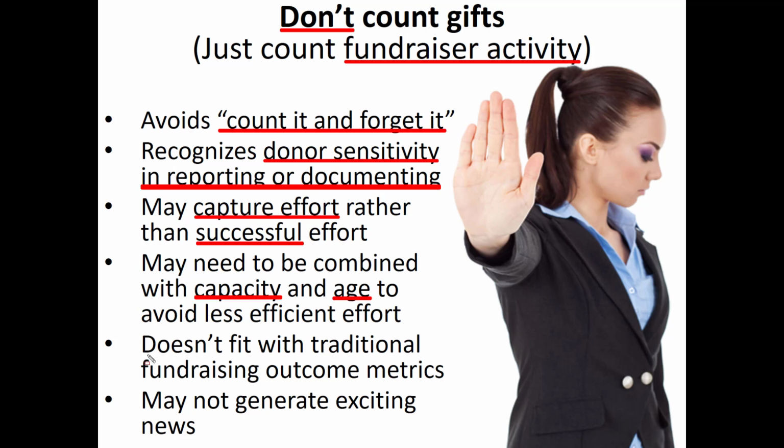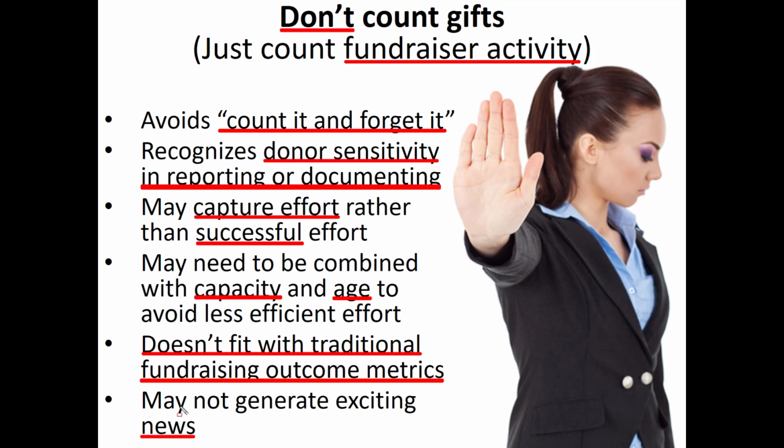There is also the concern that it doesn't fit with traditional fundraising outcome metrics, which are all about dollars in the door. Of course, we can't effectively use dollars in the door for planned gift fundraising, but this actually just throws out dollars as a whole, and that may be too frightening to folks who are used to traditional fundraising metrics. It also has a problem that it may not generate any exciting news.